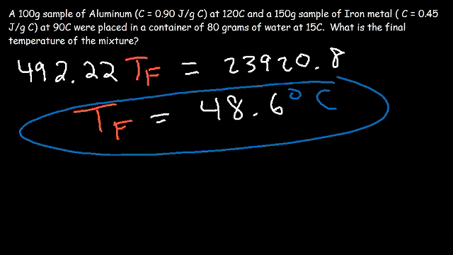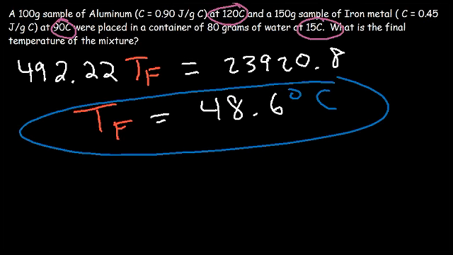And it makes sense. It's between 15 and 90, any other temperature. Now notice that the temperature change of the water is relatively small compared to the temperature change of iron metal and aluminum. Because water has a very high specific heat capacity, the temperature change associated with water is very small.